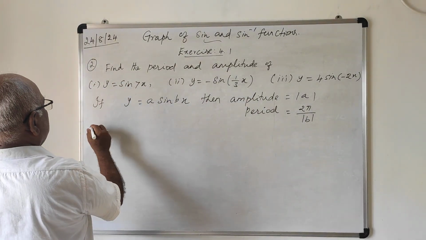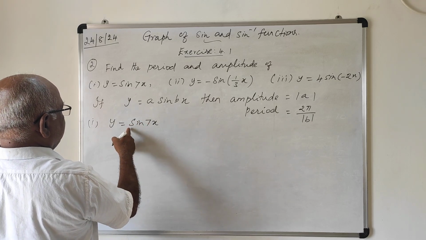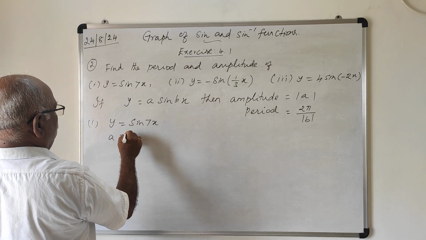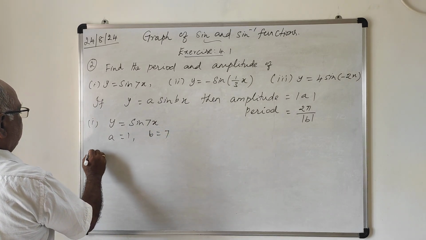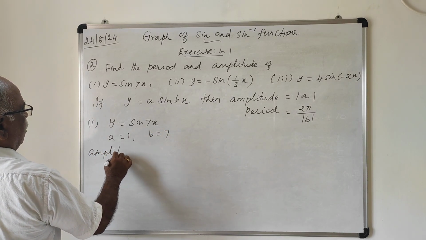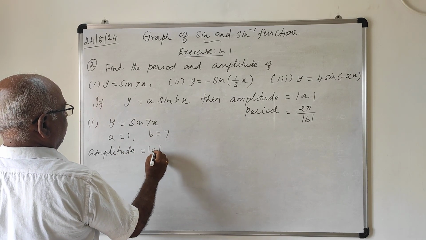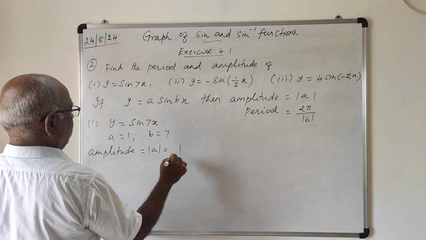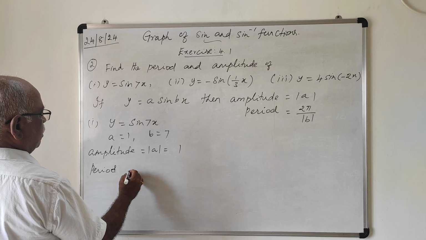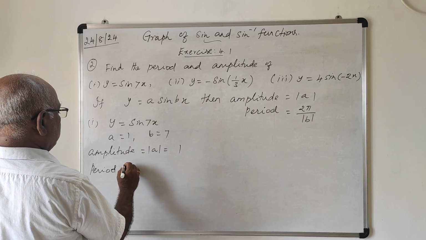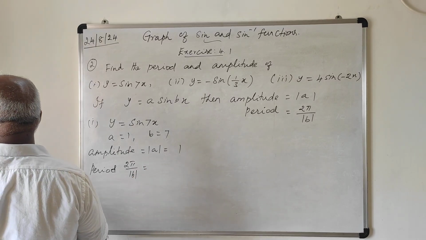So using this idea, first problem, y equal to sin 7x. In this case, a equal to 1, b equal to 7. Therefore, amplitude equal to mod of a, that is 1 only. Period equal to 2 pi by mod b.